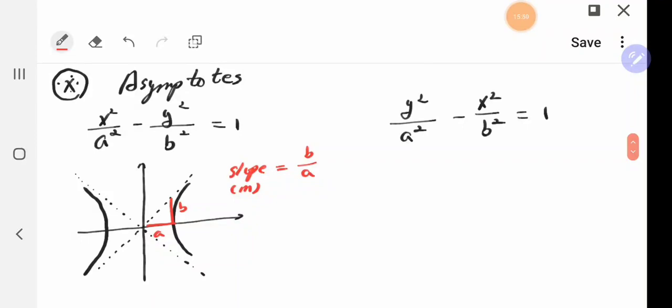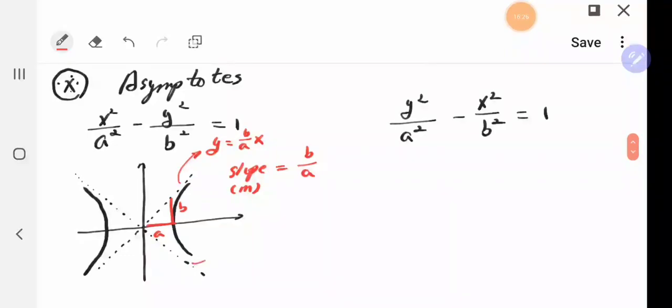The asymptote crosses at the origin, so the equation of this asymptote is y equals mx plus b, where m is b over a and the y-intercept is 0. So the equation of this asymptote is y equals b over a times x.